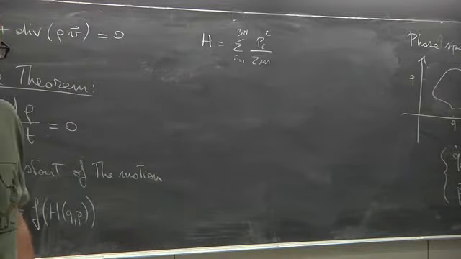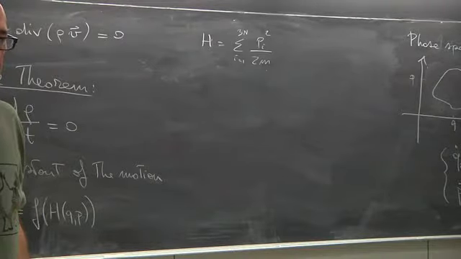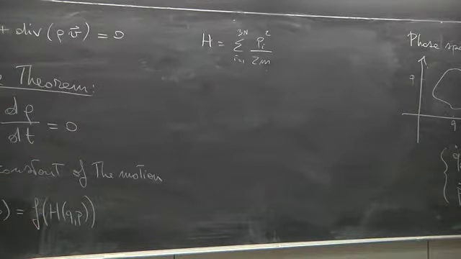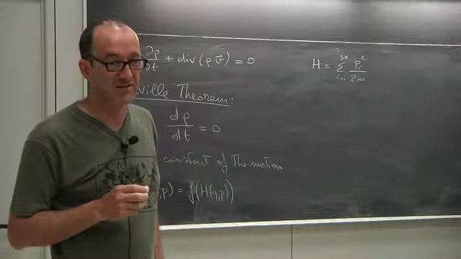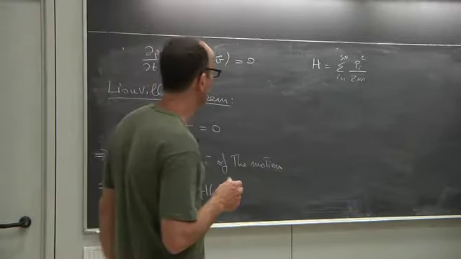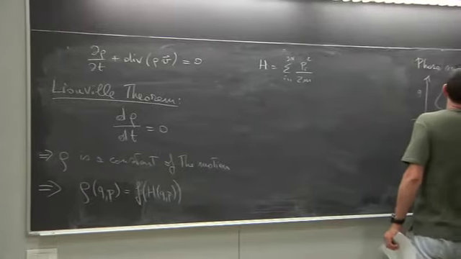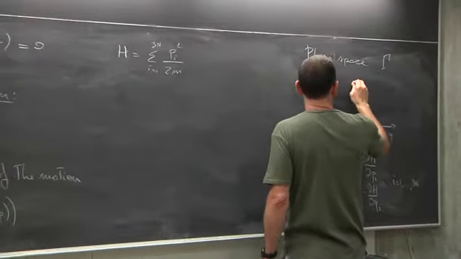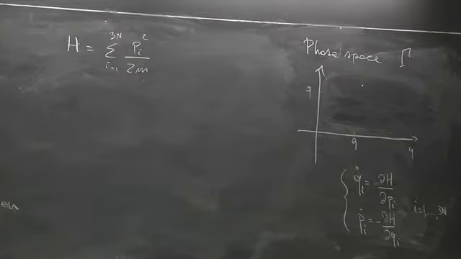What is the trajectory of the ideal gas system in phase space? Is it a sphere? Imagine that your ideal gas at a certain point is here. Where will it move?